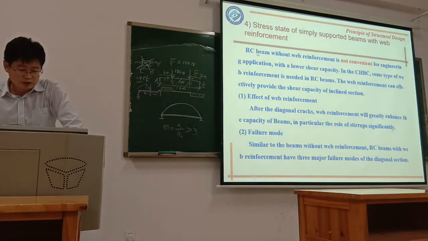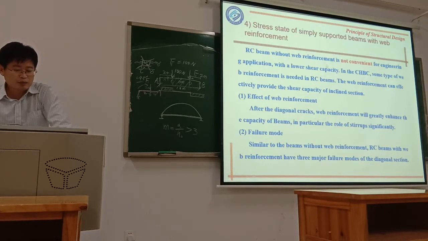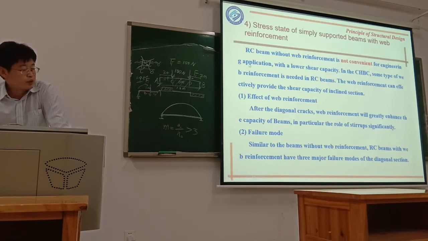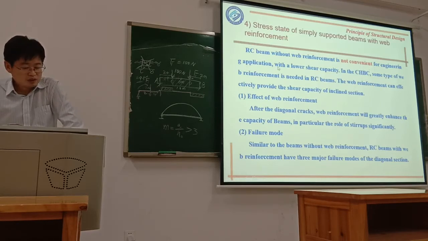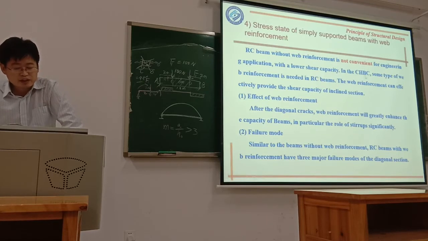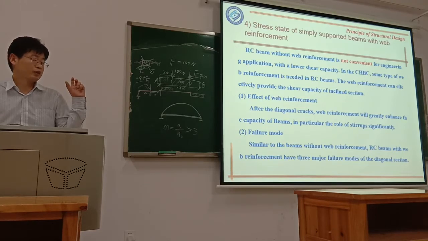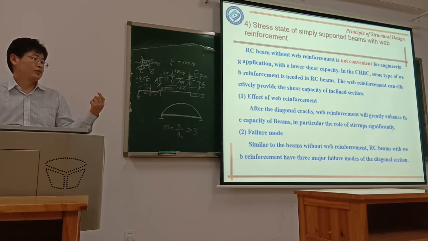So the RC beam, reinforced concrete beam, without web reinforcement is not convenient for real use. Actually in the code, we have made a requirement: for designing a beam, you have to use stirrups, because stirrups are very helpful to resist the shear force.